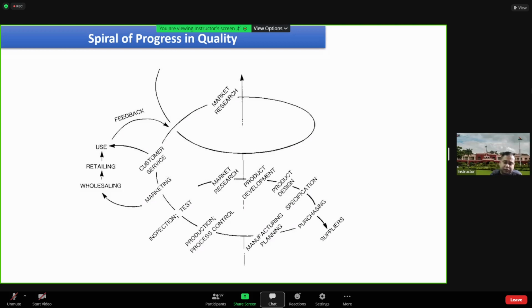Now, this figure shows the spiral of progress in quality. When an organization has entered the market, it will eventually aim at growing in the market or gaining a competitive advantage.